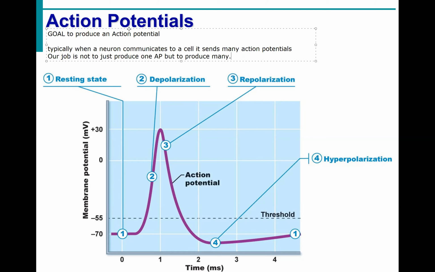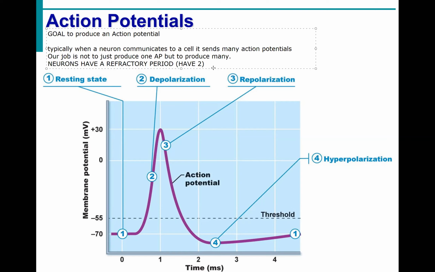The problem is there is one more characteristic that our neuron shares with our muscle cell. Neurons have a refractory period. In fact, neurons have 2 refractory periods.